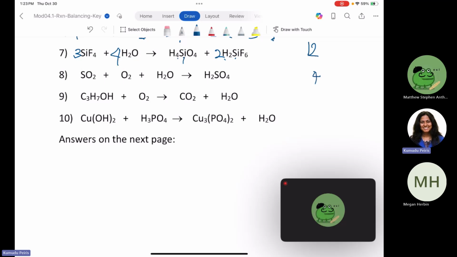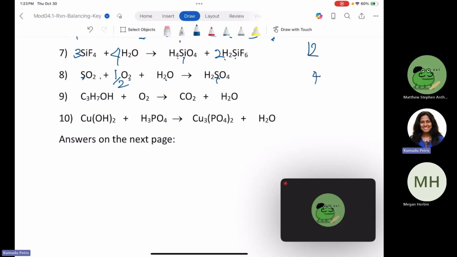Right. Here we have 1 sulfur, 2 H2, good. But here I have 5 oxygens. So if I add a half over here, then it would be equal, right? 1, 1, 1.